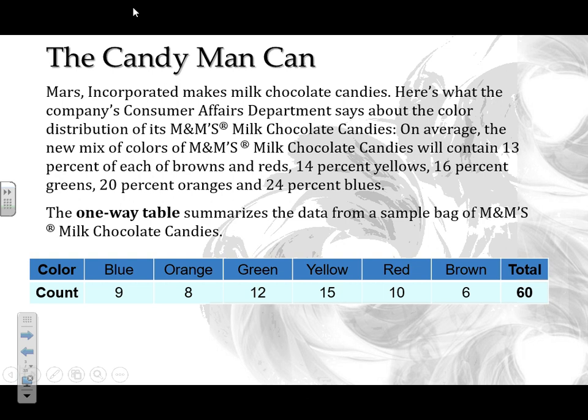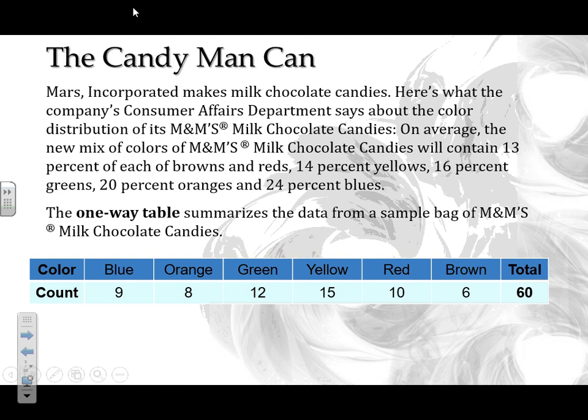Now, something to be aware of here: when they reported the different colors in the problem, what did they give us with those colors? Percentages. What percent of the candy should be a specific color. When they opened the bag of candies and counted up, they gave us counts. How many actual M&Ms were blue, how many were orange, and so on.